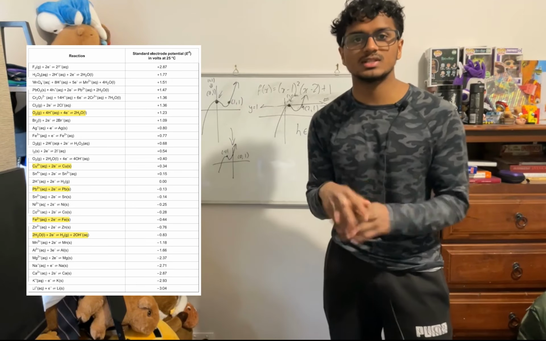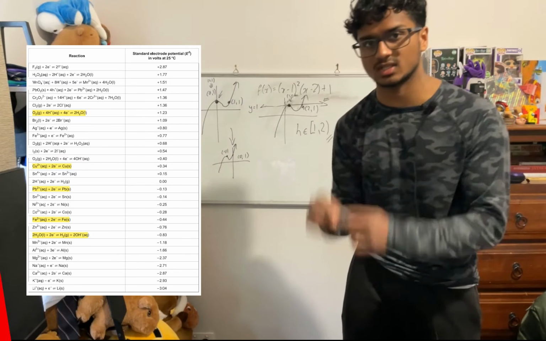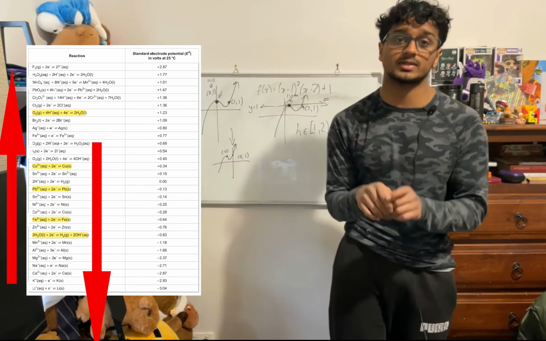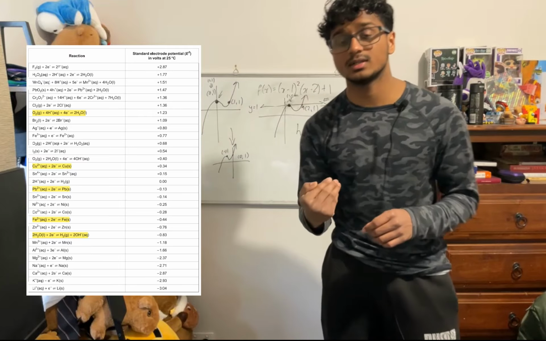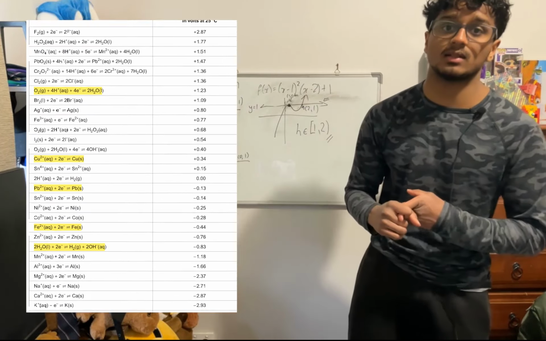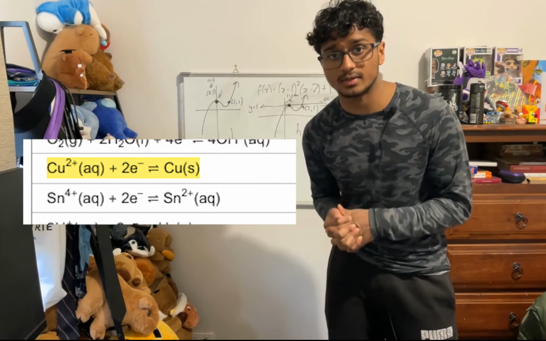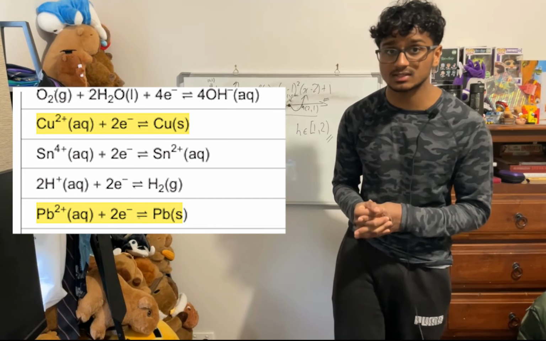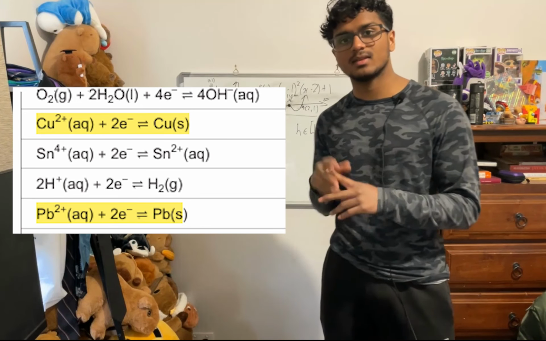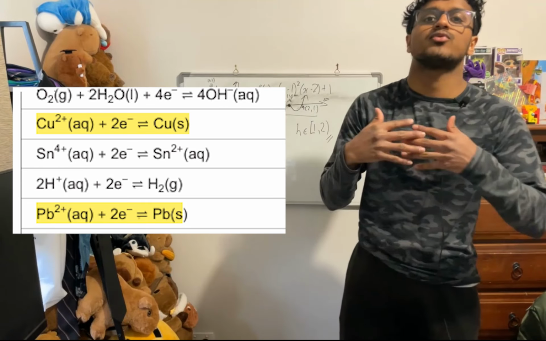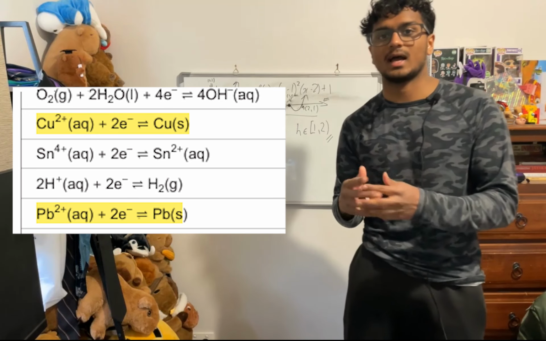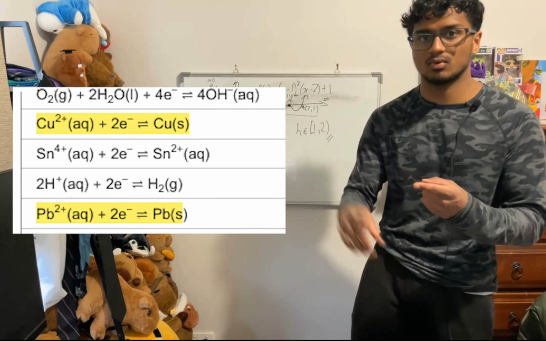Now then, we want to see which one of these is the strongest reductant and which one is going to be the strongest oxidant. Here, the strongest oxidant is going to be lead ions. The strongest reductant is going to be copper solid. So those are the two things that will be reacting. It isn't necessarily saying that these things won't react, it's that preferentially we will have lead reacting more and copper reacting more.